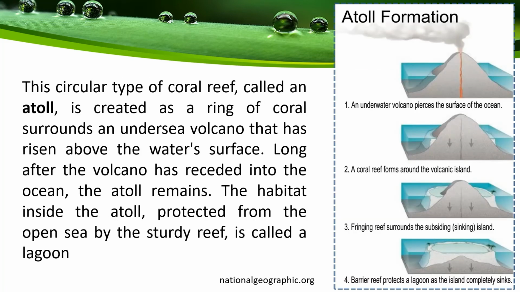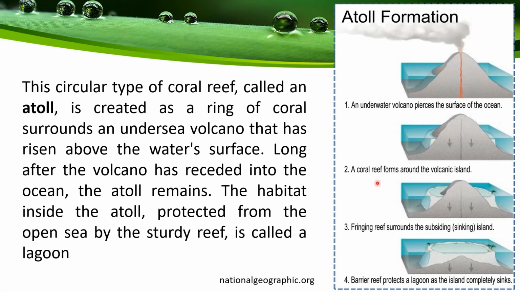This circular type of coral reef, tawag nga is atoll, is created as a ring of coral surrounds an undersea volcano that has risen above the water surface. So, nakikita natin dito sa picture, merong volcano. So, nag-erupt siya. Nagkaroon ng pag-rise dito ng surface.